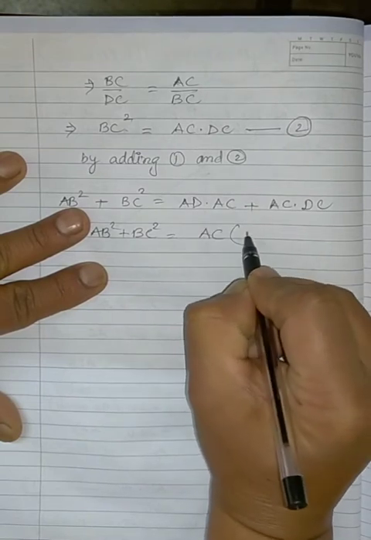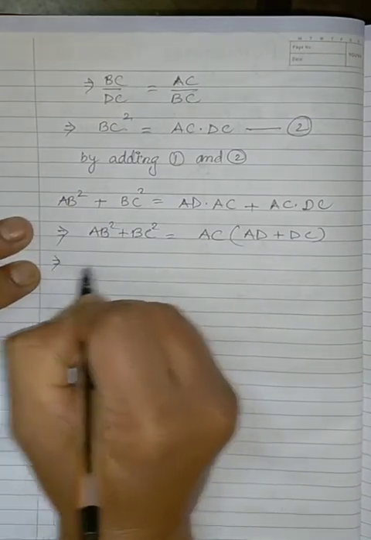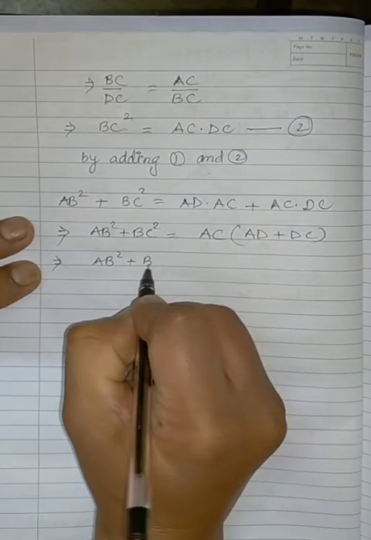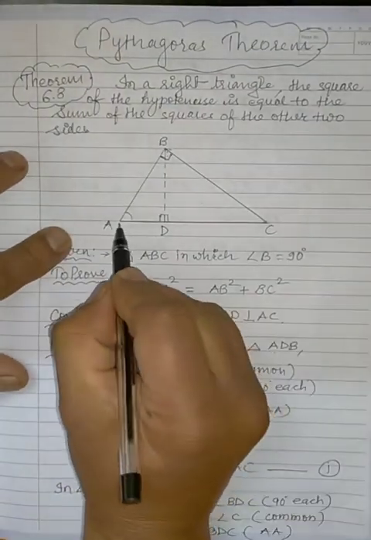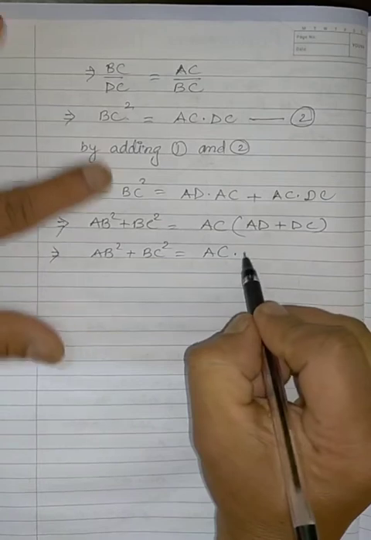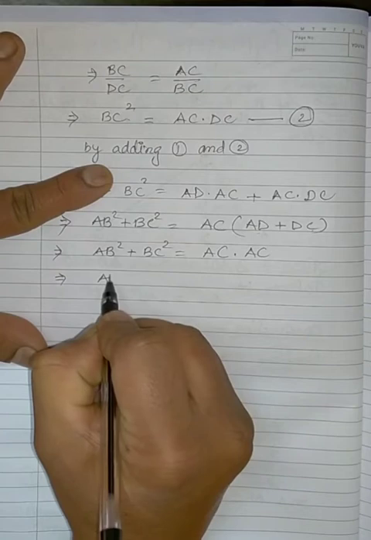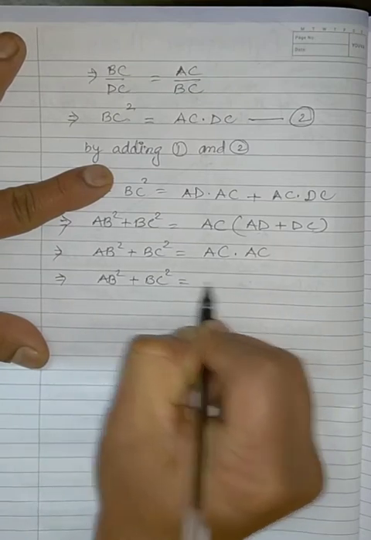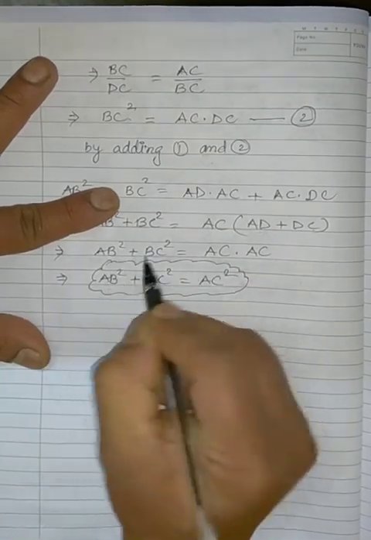So take out AC common, is equal to AD plus DC. That implies AB square plus BC square is equal to AC into, now in this triangle AD plus DC becomes AC. So we have AC into AD plus DC is equal to AC. Therefore, AB square plus BC square is equal to AC square, which is the proof of the Pythagoras theorem.